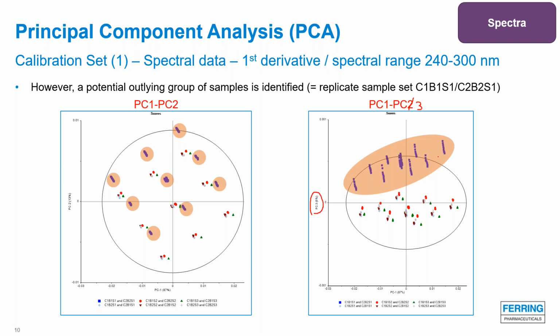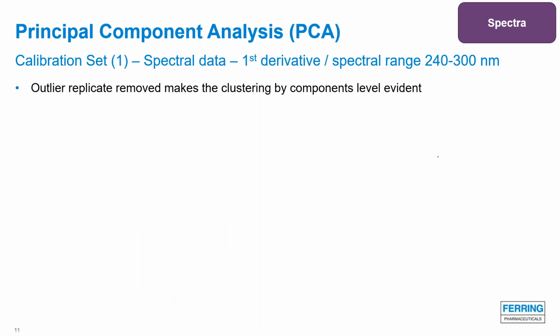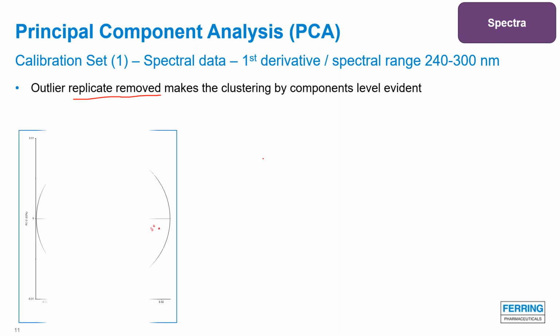So just for the sake of the demonstration, let's take it out and see how this affects the principal component analysis. Now the principal component analysis with the outlier replicate removed will make clear that the clustering is according to the component level.